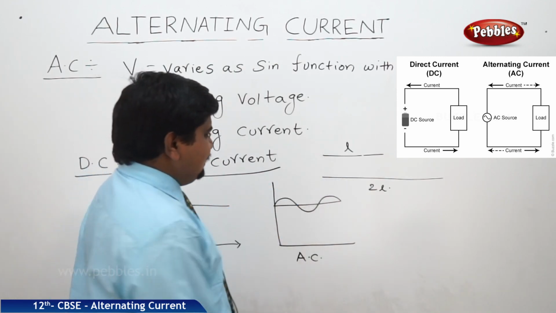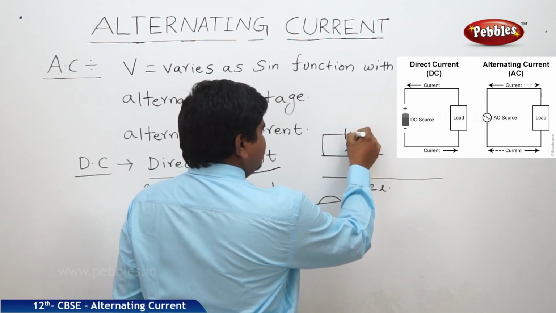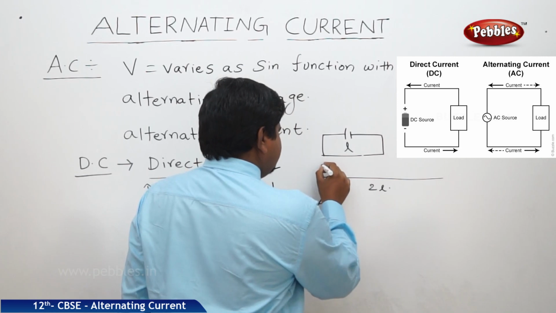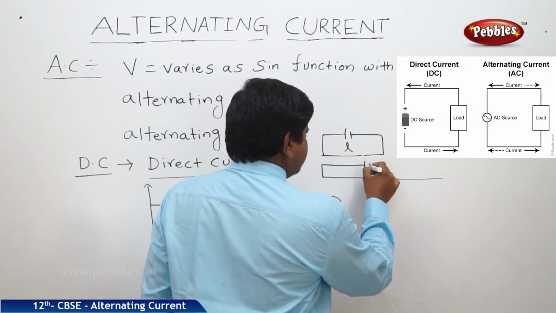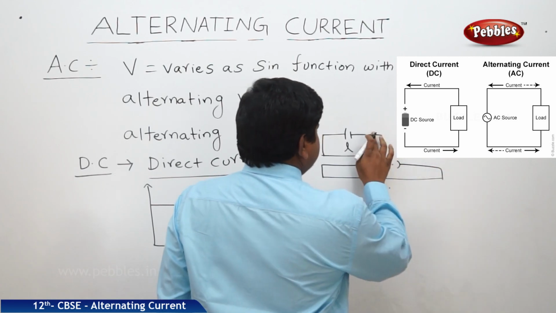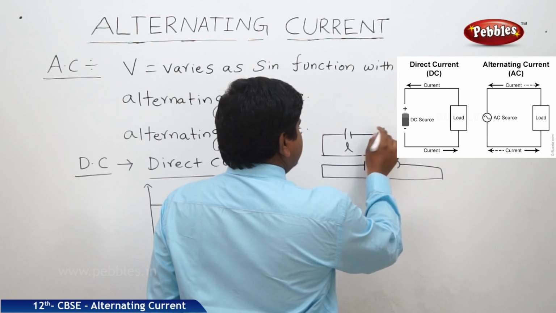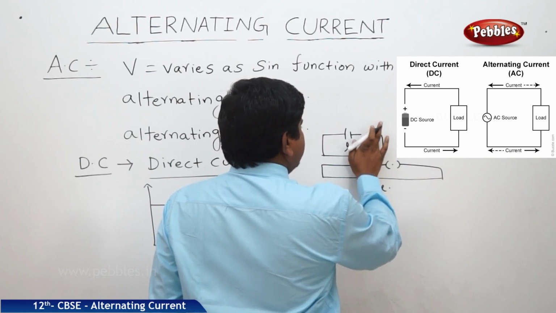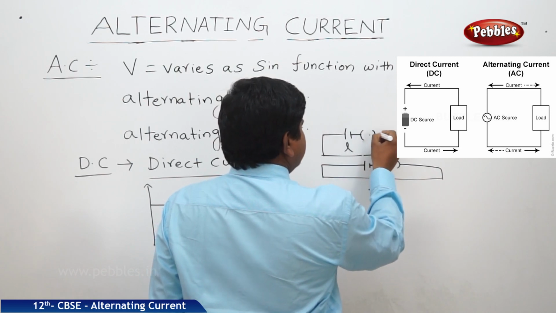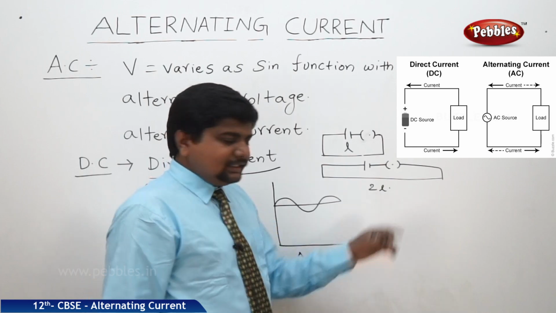Whenever this L length conducting wire is connected to a battery, and this 2L lengthy wire is also connected to a battery, it is better to keep one plug key here. In those cases, see the length.